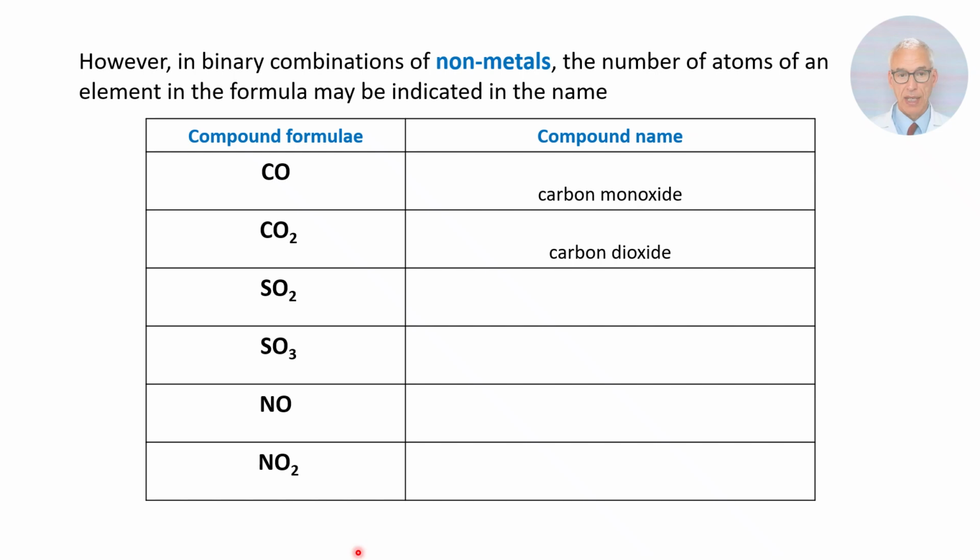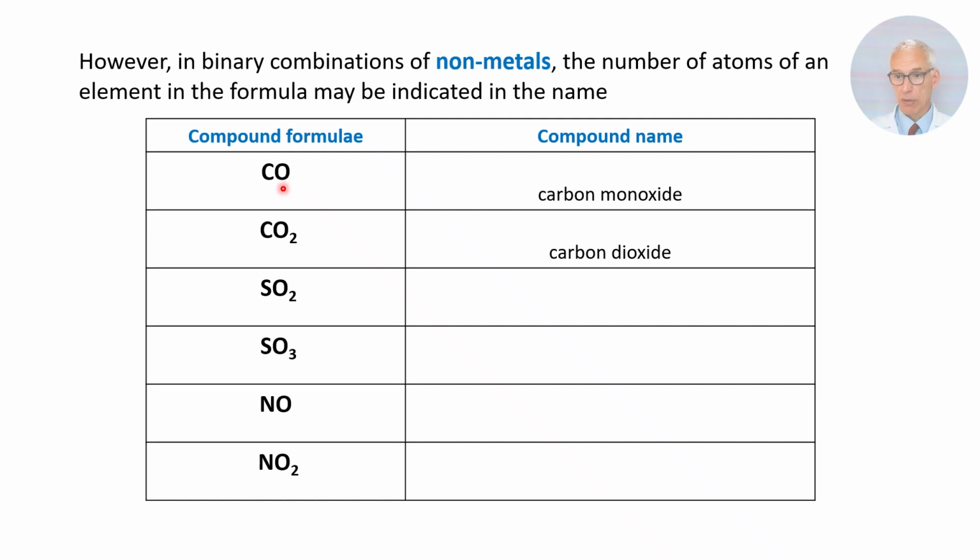However, in binary combinations of non-metals, the number of atoms of an element in the formula may be indicated in the name. So you will have no doubt met CO2, carbon dioxide. So we've got 2 oxygens to 1 carbon, so carbon dioxide.